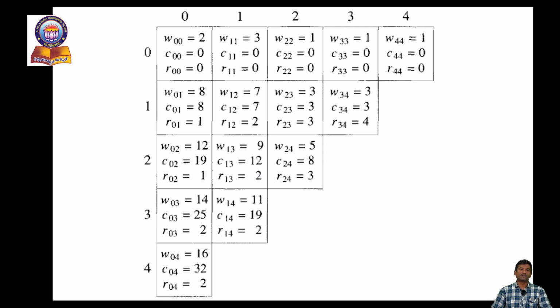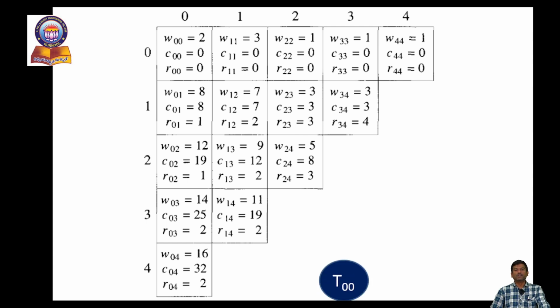That is, what is the value of W00, and similarly, what is the value of W01, C01, R01, and so on. So these are the values obtained using the tabular method for solving the optimal binary search tree. So what can you interpret related to the optimal binary search tree?